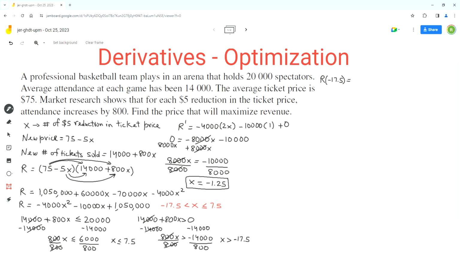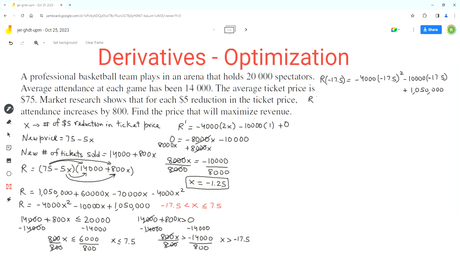We'll sub in x as negative 17.5. So negative 4,000 times negative 17.5 squared, and then negative 10,000 times negative 17.5, and then plus 1,050,000.